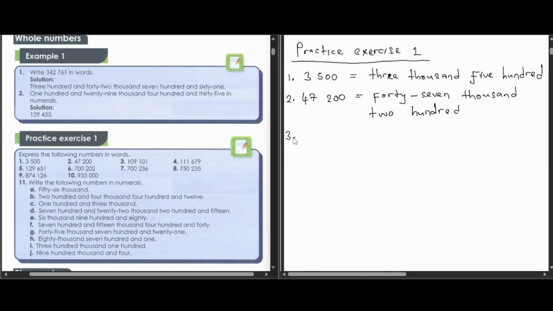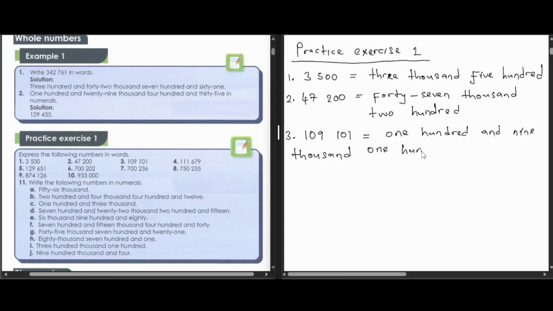Tikaenda pa number 3 pana 109,101 sayakadai so tinenge tichiti 109,000. So 109,101 seizvi, like this. Number 4, 111,679.